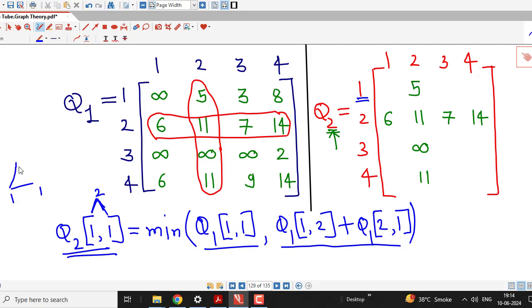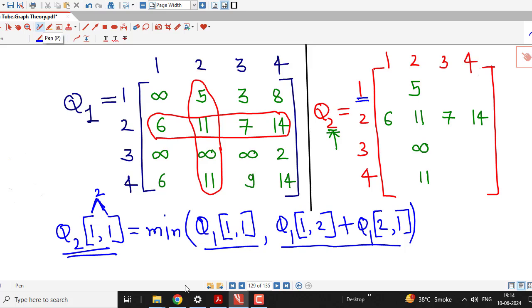Here I have 1 1, and I am going from 1 to 2 and then from 2 to 1. If I am writing q3 of 1 1, then my vertex will be 3, so I will use 1 to 3 and 3 to 1. So you have to remember in this way.